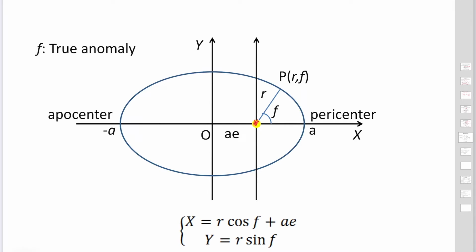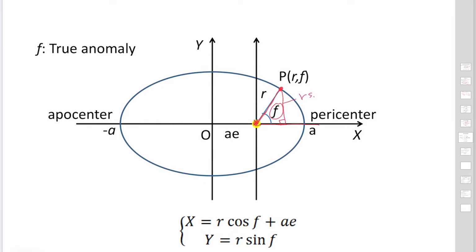Then r is the distance from the sun to the planet. This is the position of the planet. The true anomaly is defined as the angle formed by the radial vector from the sun to the planet and the x-axis.